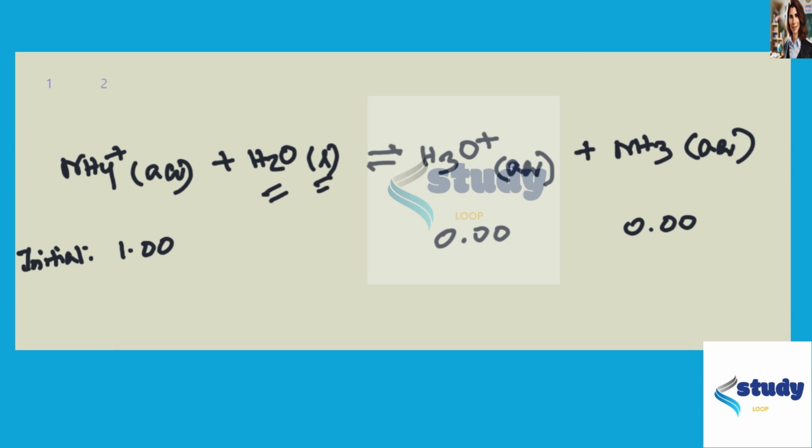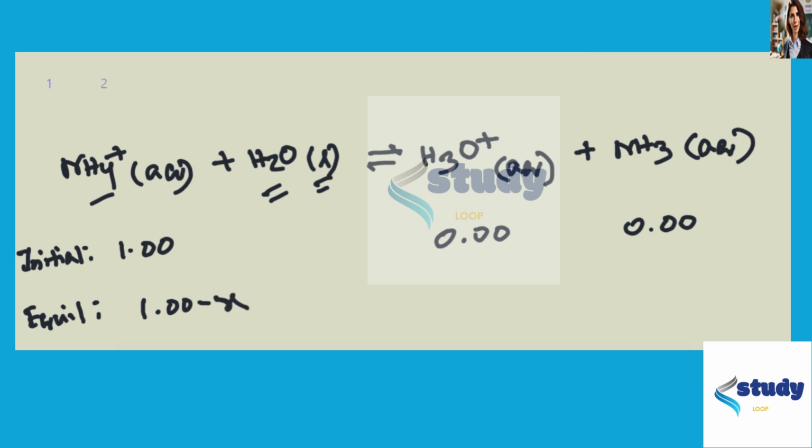If x molar ammonium ion dissociates in the presence of magnesium hydroxide, then at equilibrium the NH4+ concentration is 1 minus x.